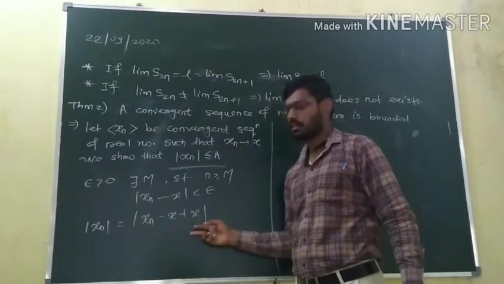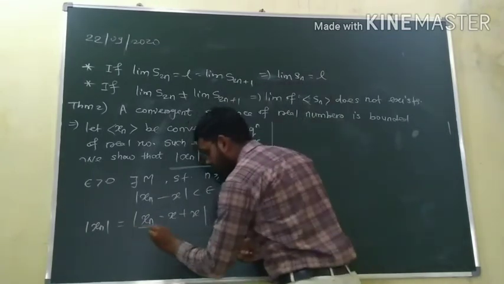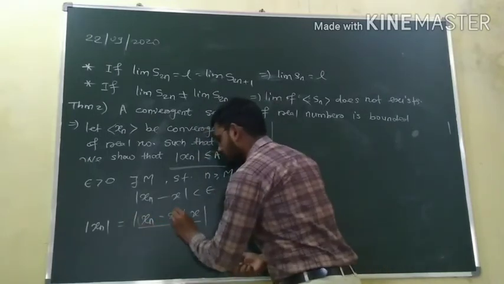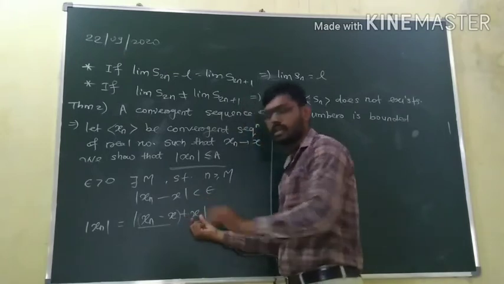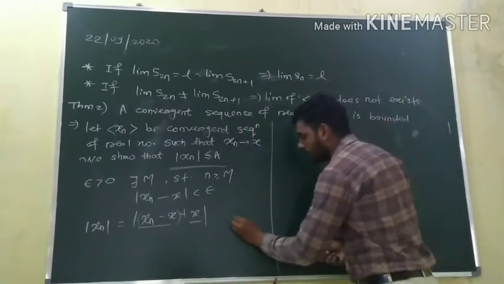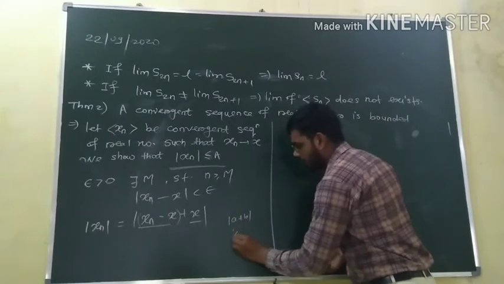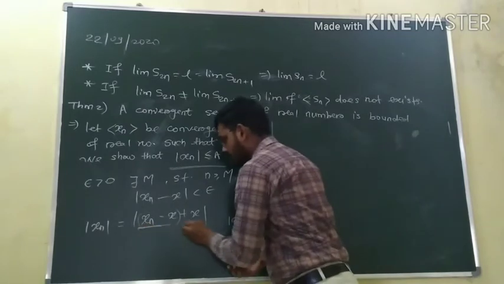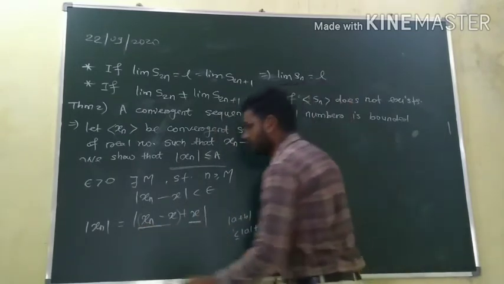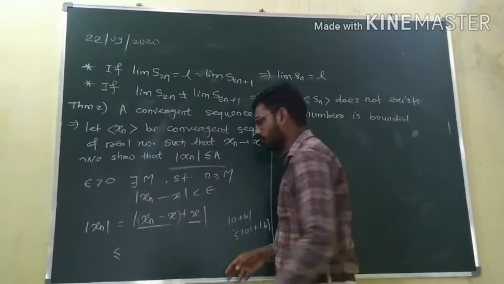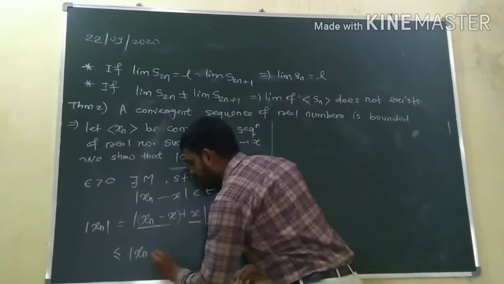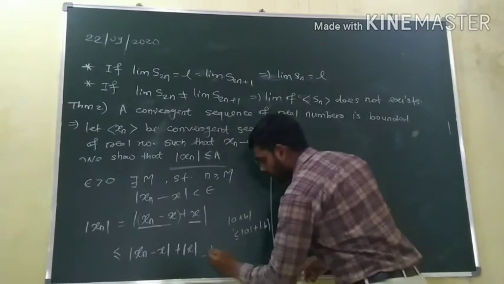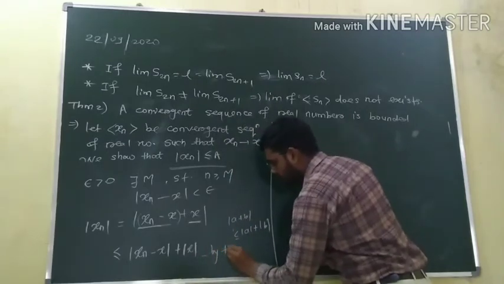Again we know the triangle law. Suppose this is A and this is B. Mod of A plus B is always less than or equal to mod A plus mod B. So by the triangle inequality, this is always less than or equal to mod of xn minus x plus mod of x.